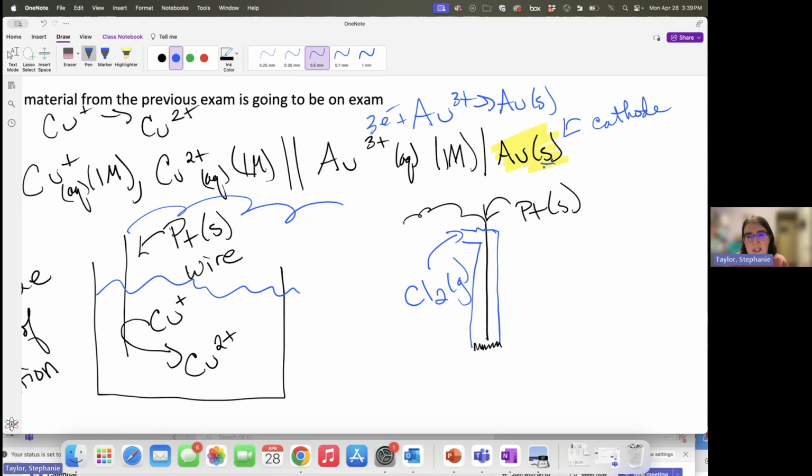Notice I have a solid here. So we do in fact need our electrodes to be solid objects so that they can connect to the rest of the equipment. But what we're looking for is we're looking for solids to be our actual physical electrodes, because then we say that the cathode is the site of reduction. Again, that's part of what we all mean in there. That's a physical location for that to take place on.